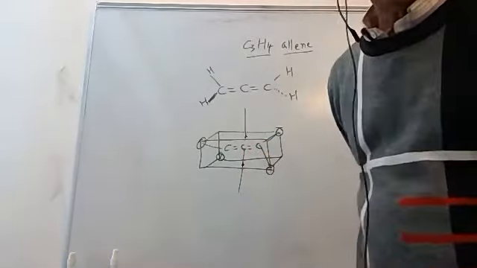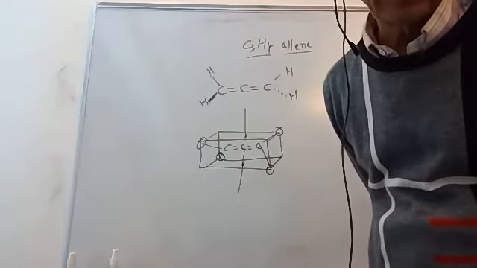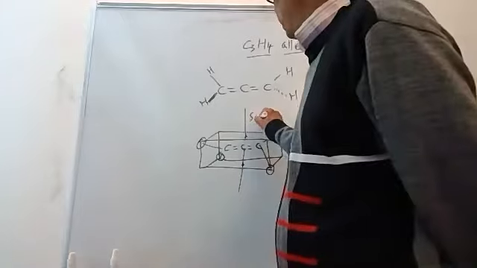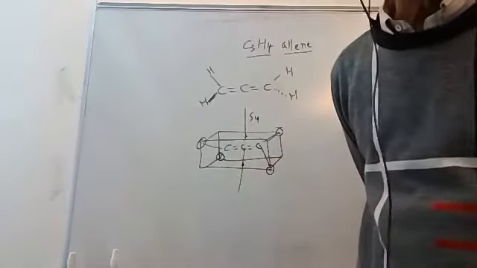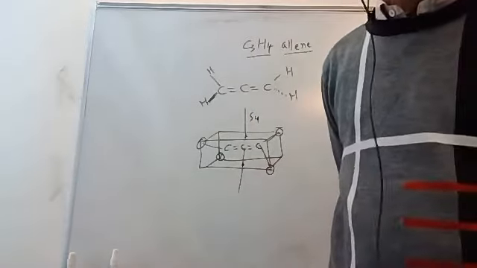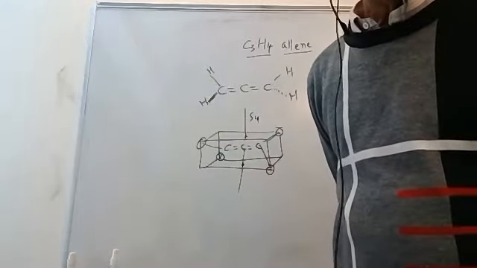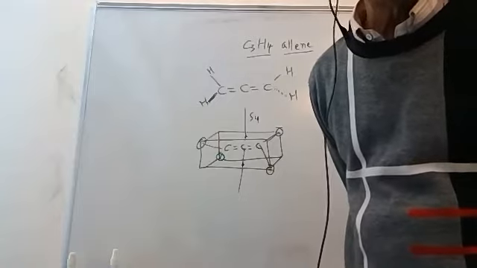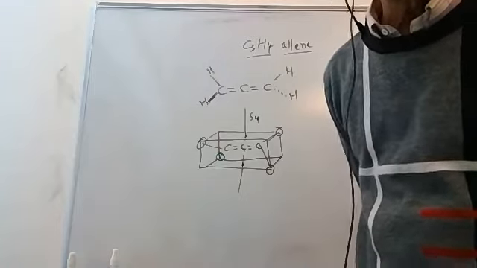That's your C2 axis for the molecule, right? That C2 is also collinear with an S4. Very similar arguments to that of the methane we talked about. Although structurally they are different molecules, from a symmetry consideration, they seem to share some symmetry elements.